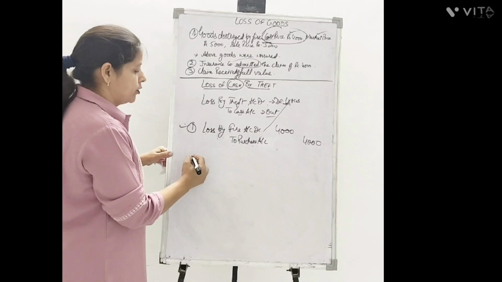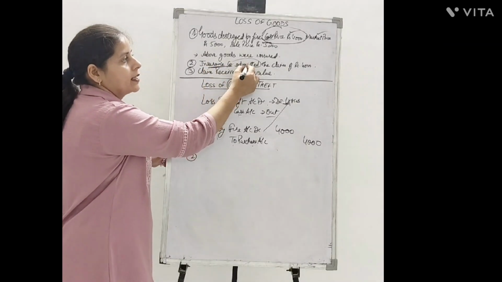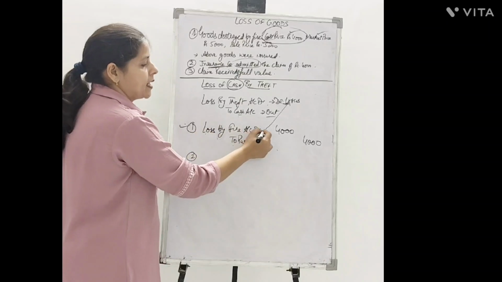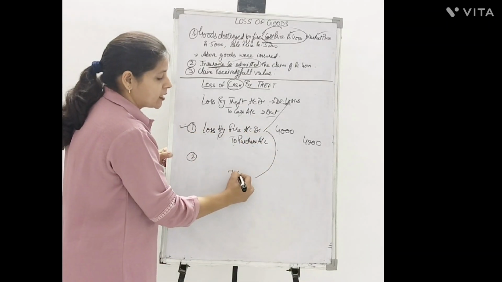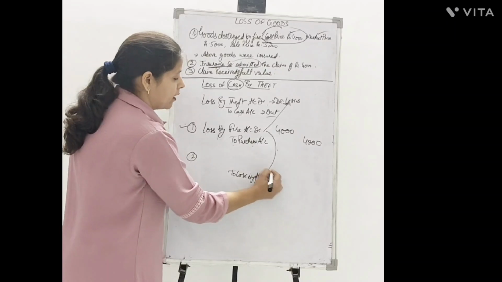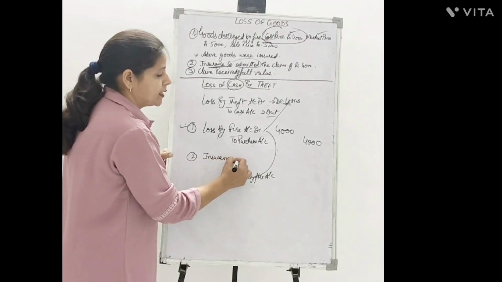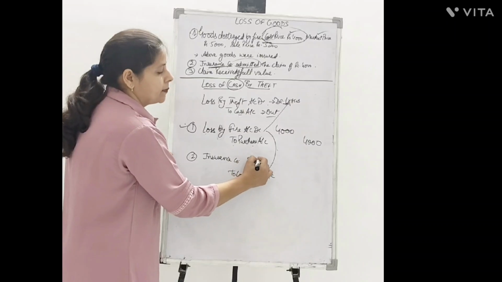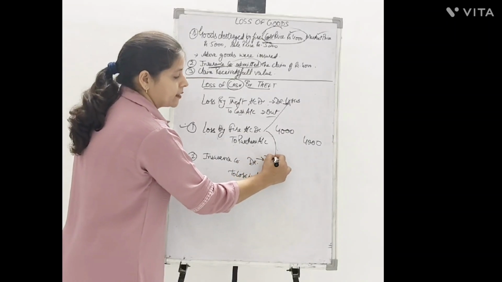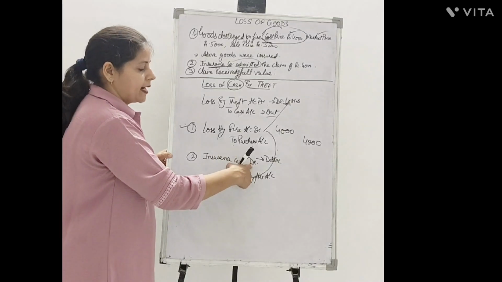Then what journal would be made? Insurance company has admitted that they will pay me the claim. So whatever loss happened in the business has been fully covered by whom? That is the insurance company. So the insurance company here becomes my debtor, because I have to receive money from them.